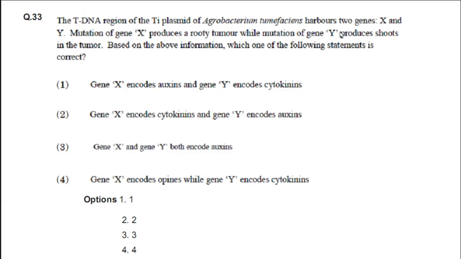So it's saying that mutation of the X gene produces a rooty tumor. That means when the X gene is mutated, only roots are developed. Let me write for further clarification.